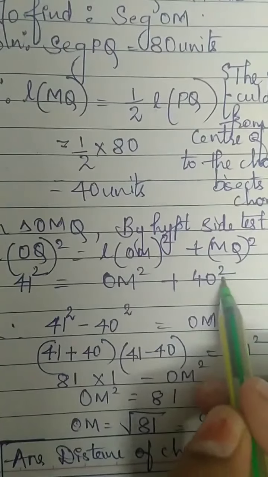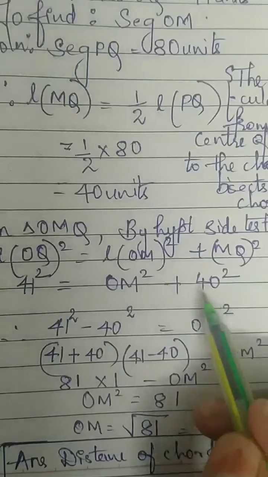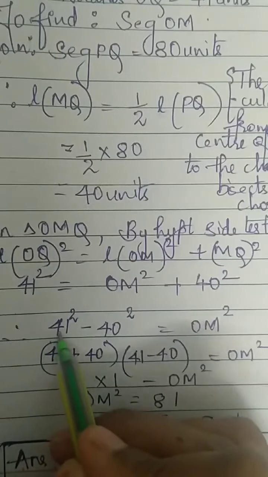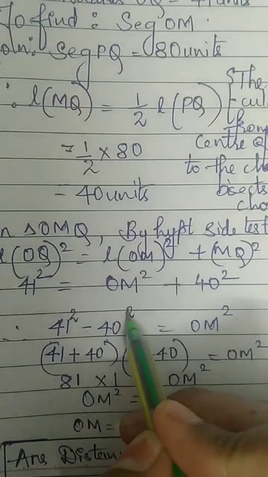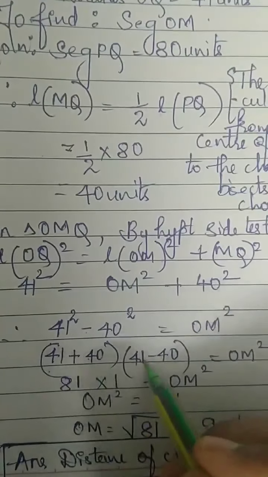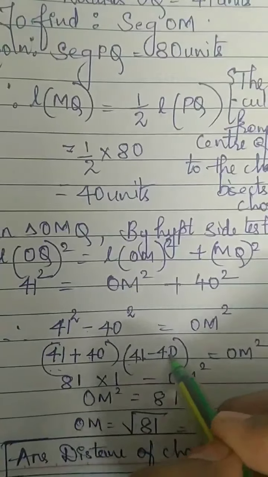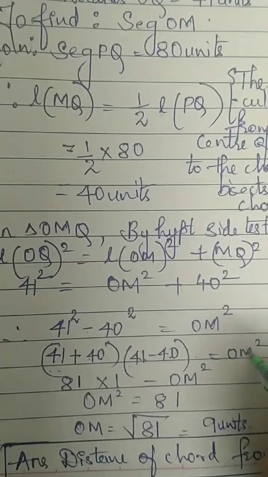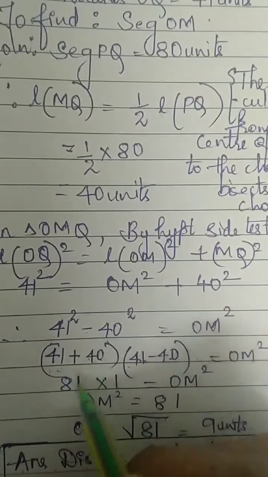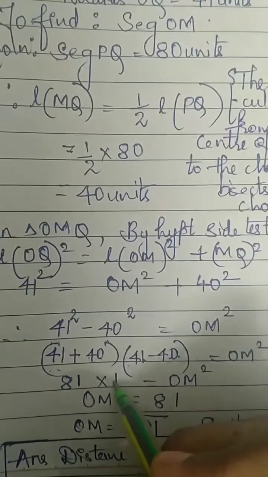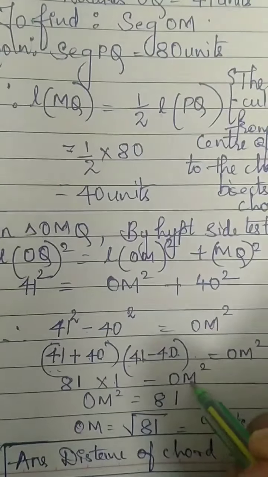I took 40 square to the opposite side, so plus 40 square became minus 40 square. Now I used a square minus b square formula, a plus b into a minus b. 41 plus 40, 41 minus 40 is equal to OM square. 41 plus 40 is 81 into 41 minus 40 is 1 is equal to OM square.